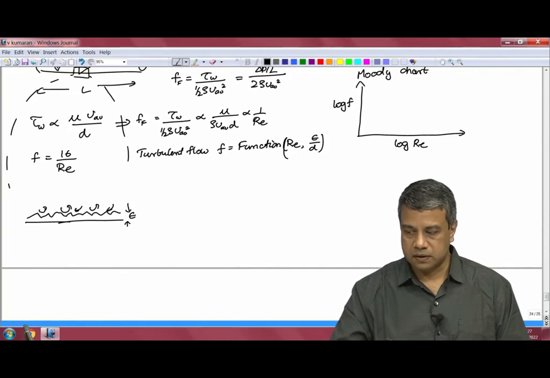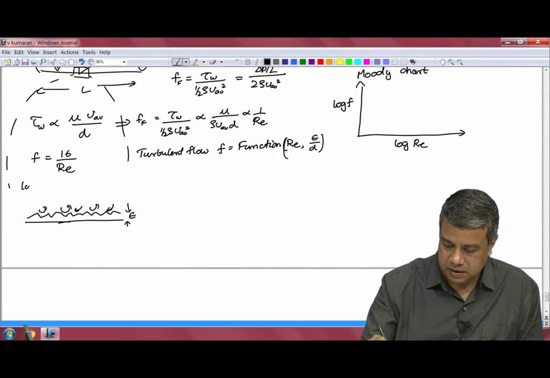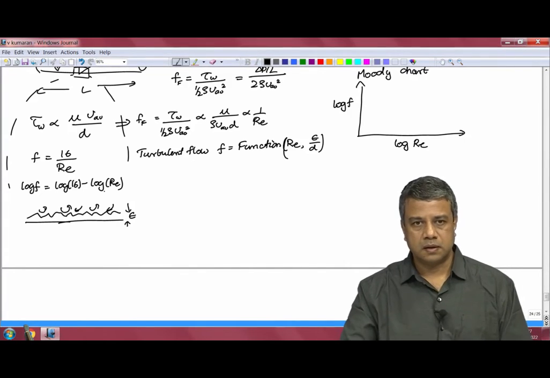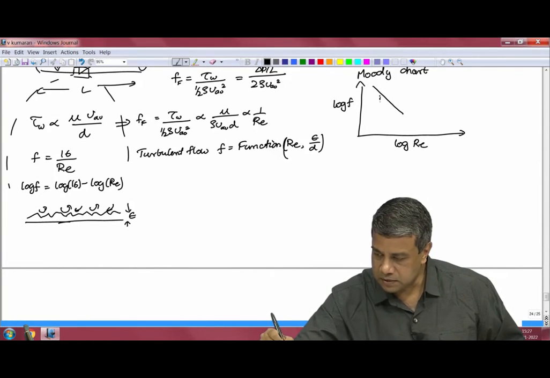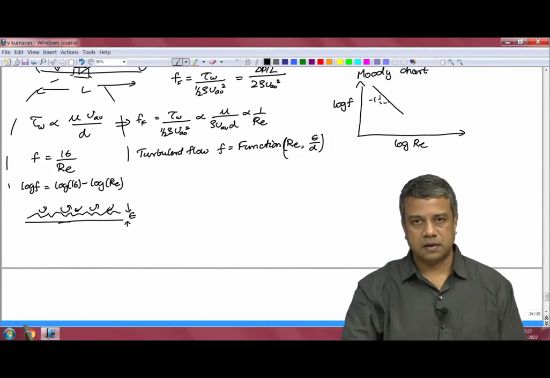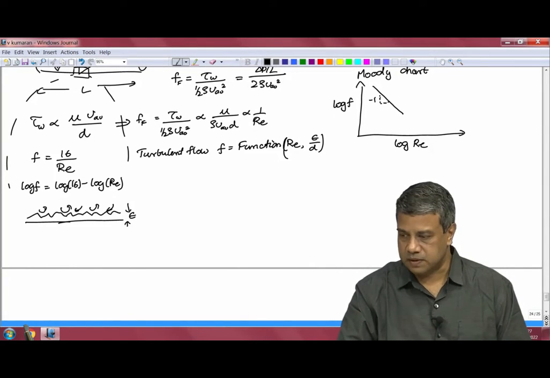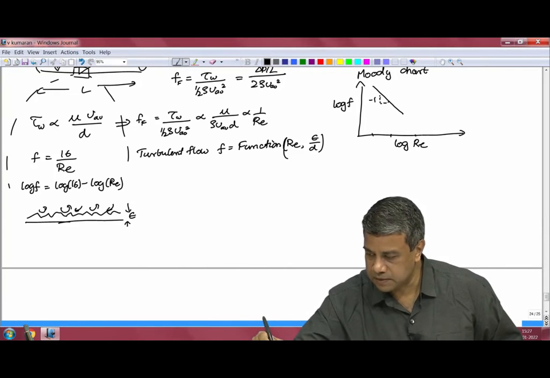So, when you plot it on a log-log graph, we know that f is equal to 16 by Re, which means that log f is equal to log of 16 minus log of Re. That means on a log f versus log Re graph, you get a straight line with a slope that is equal to minus 1, at different Reynolds numbers.